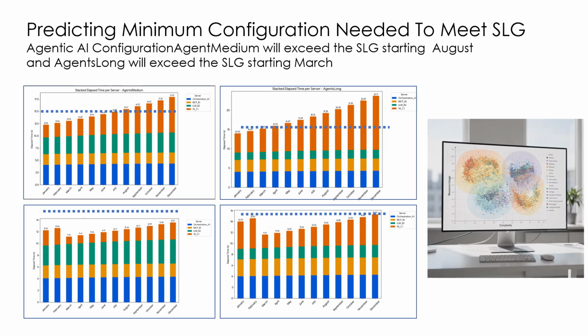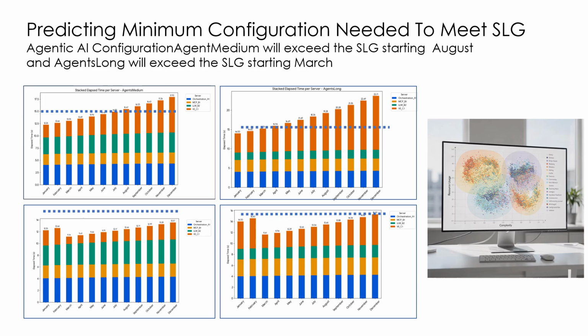This slide shows predicted response time for medium-sized and large agents during the next 12 months. We can see that the medium-sized agent will not meet service level goals starting August, and the large agent will exceed service level goals even earlier.